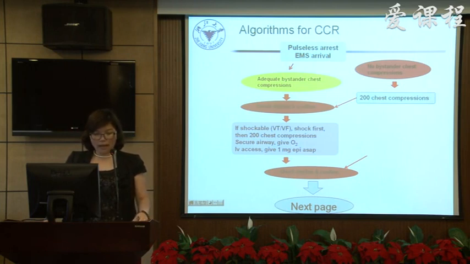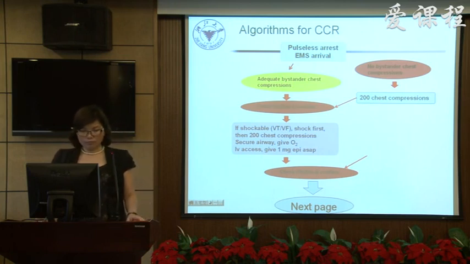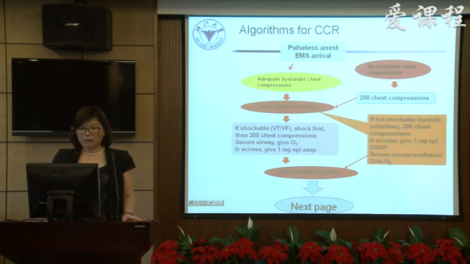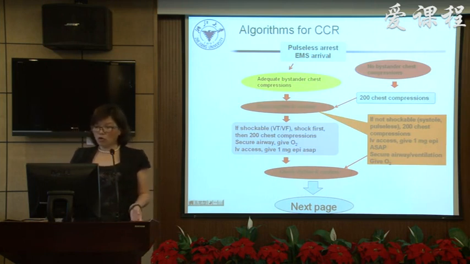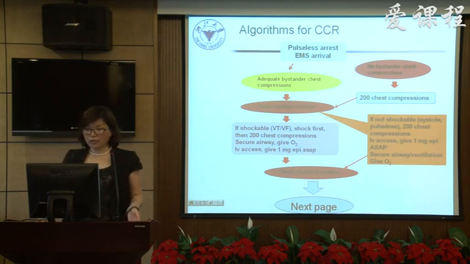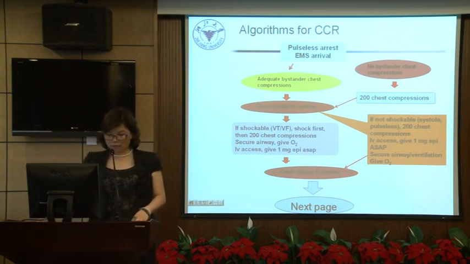You should open IV access and give 1 milligram of epinephrine, then check the rhythm and confirm again. If it is not shockable on the first rhythm check, for example asystole or pulseless activity, you should give 200 chest compressions, open IV access and give 1 milligram of epinephrine, and secure the airway and give ventilation and oxygenation.